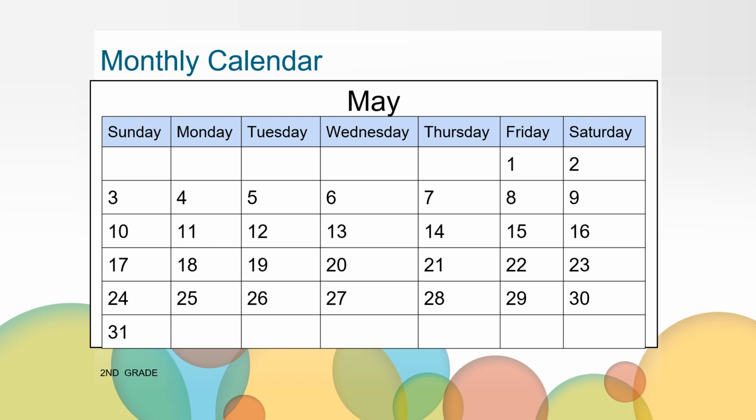There are some days of the week that occur more than 4 times in May. Which days of the week occur or happen more than 4 times in the month of May?